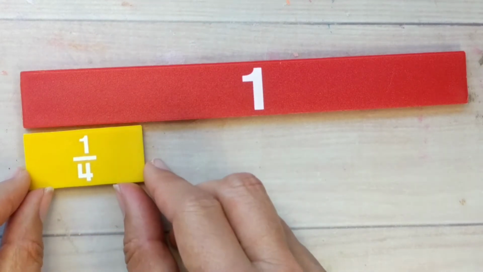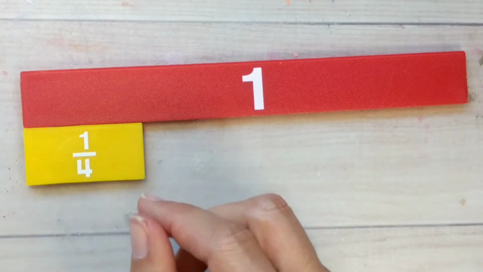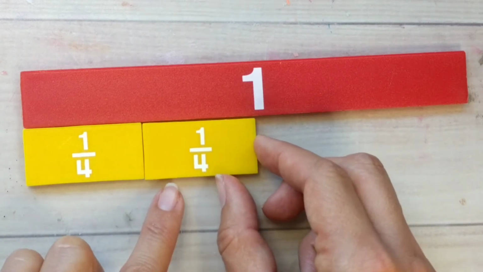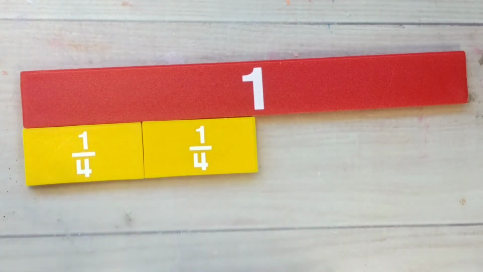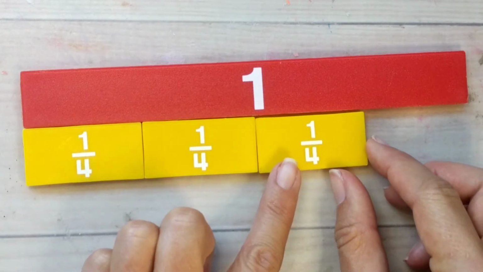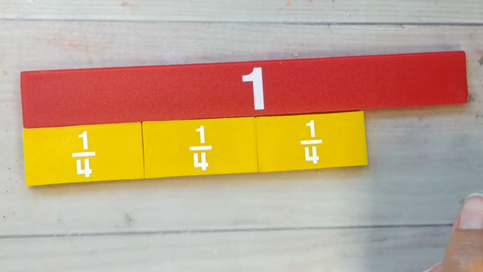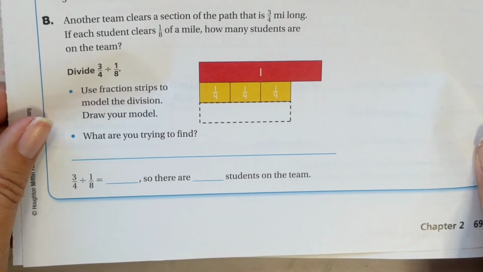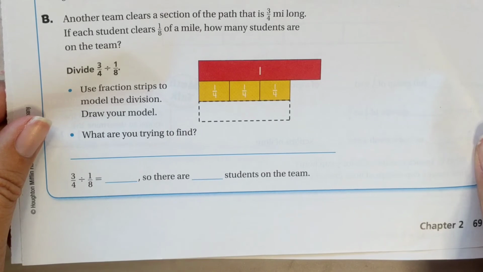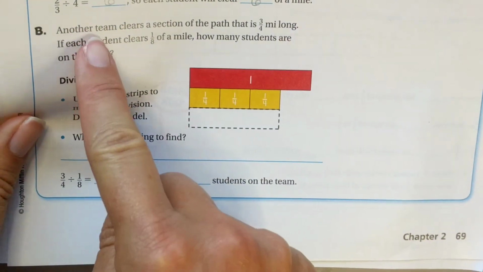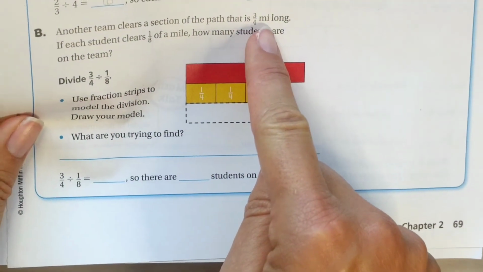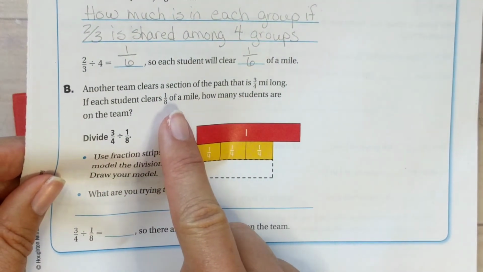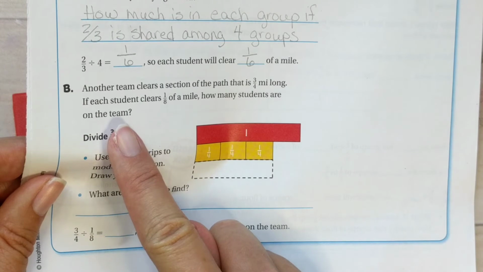So this is 1/4, 2/4, and 3/4. All right, so that's 3/4. It says use fraction strips to model the division and then draw your model. Let's see. Another team clears a section of the path that is 3/4 of a mile long. If each student clears 1/8 of a mile, how many students are on the team?